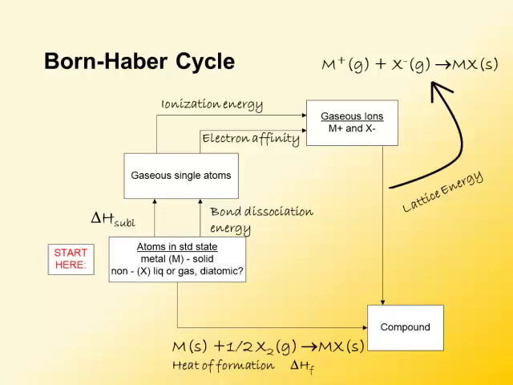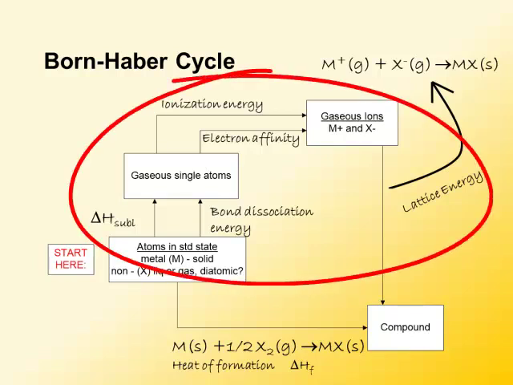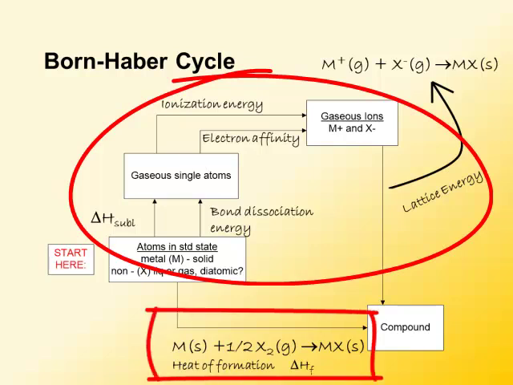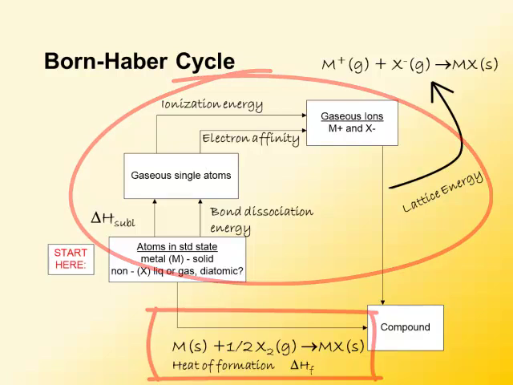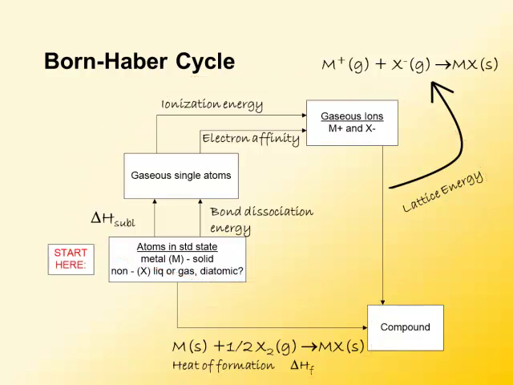All these other individual reactions add together to result in the same change, atoms in their standard states becoming a compound. All these other individual values add together to equal the heat of formation for the compound. You can use the Born-Haber cycle to calculate any one of these values, so long as you know all the others.